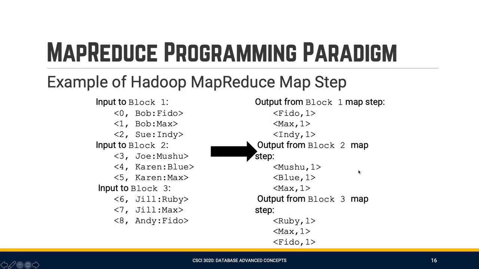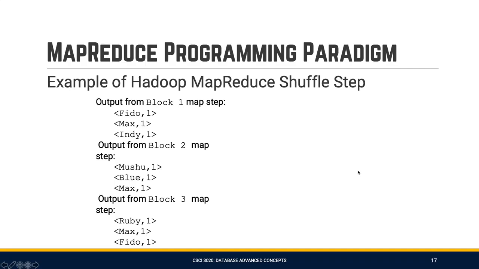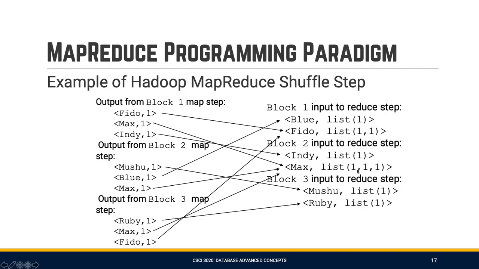The next step is we have this output in the block, and now we have to shuffle it. The shuffling looks like this. The shuffling takes the dog names and puts them together. So Fido now has a list of 1, 1. Max has a list of 1, 1, 1. These are the counts that we had from each block.